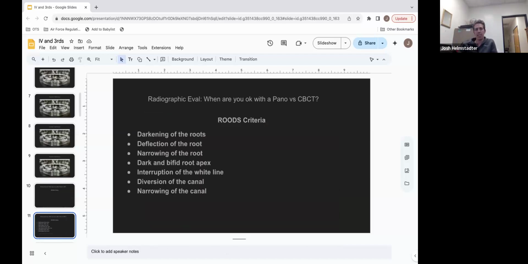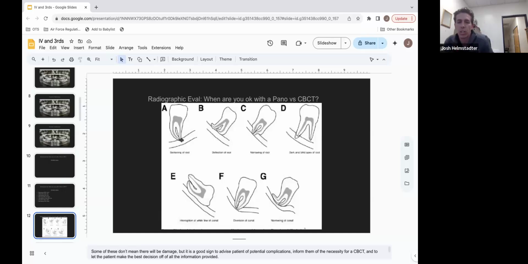I'll go over this in the next slide. If you see any of these indications on your pano, that's a good time to recommend a CBCT, to give the best indication if there's potential for nerve damage or delayed sensation returning.